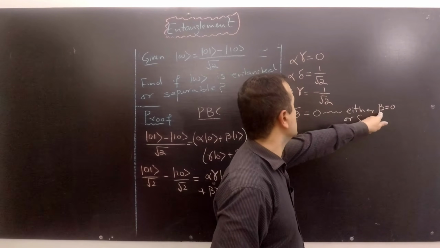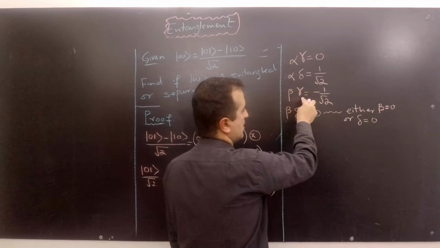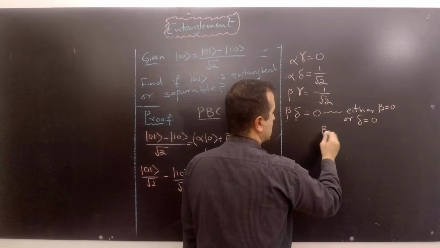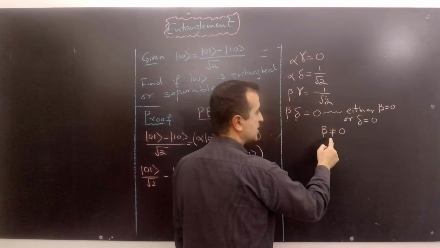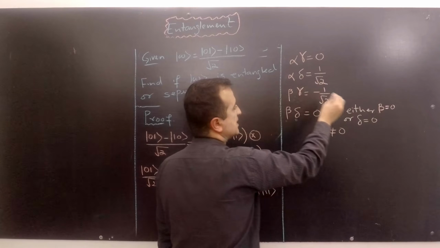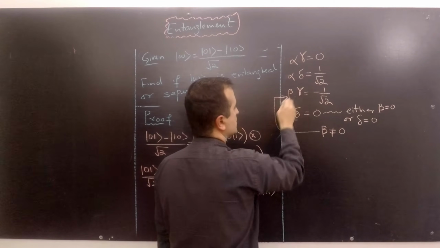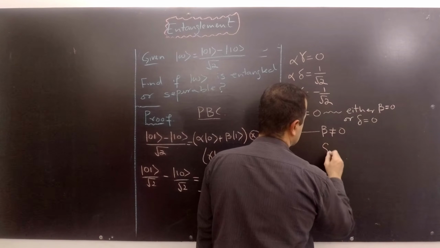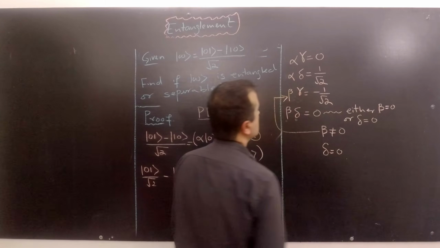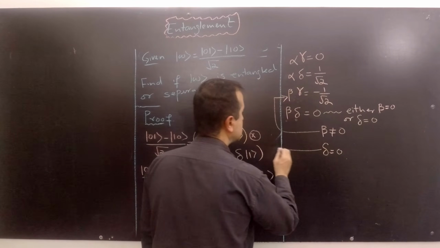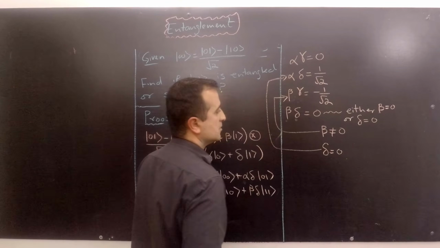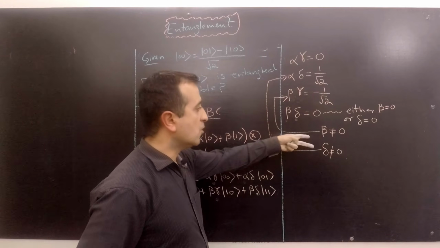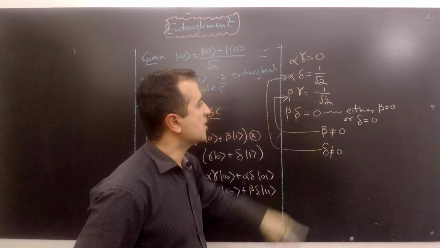If beta is equal to 0, then beta gamma will become 0. So beta cannot be equal to 0. If gamma is equal to 0, then this expression will become 0. So gamma cannot be equal to 0. That means both beta and gamma cannot be equal to 0.